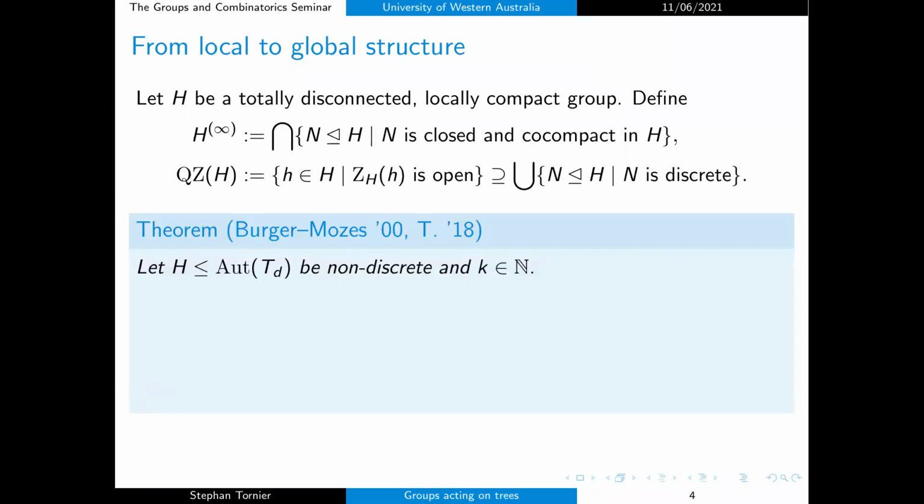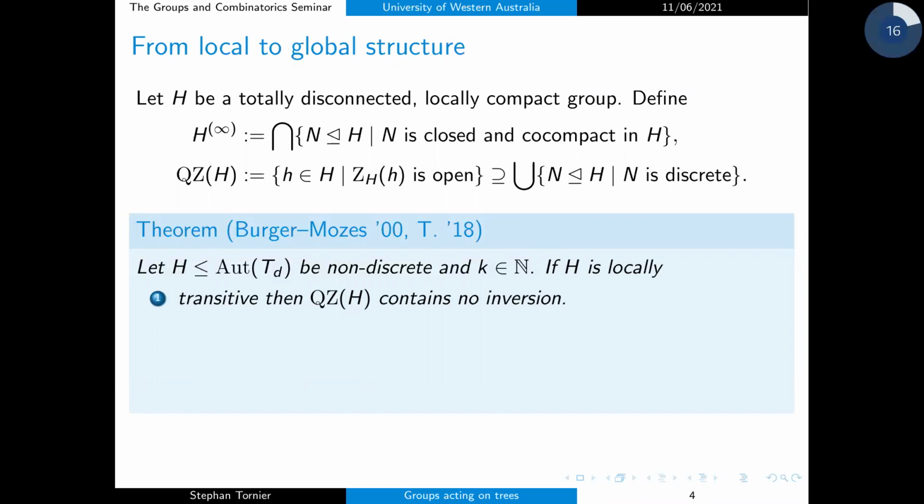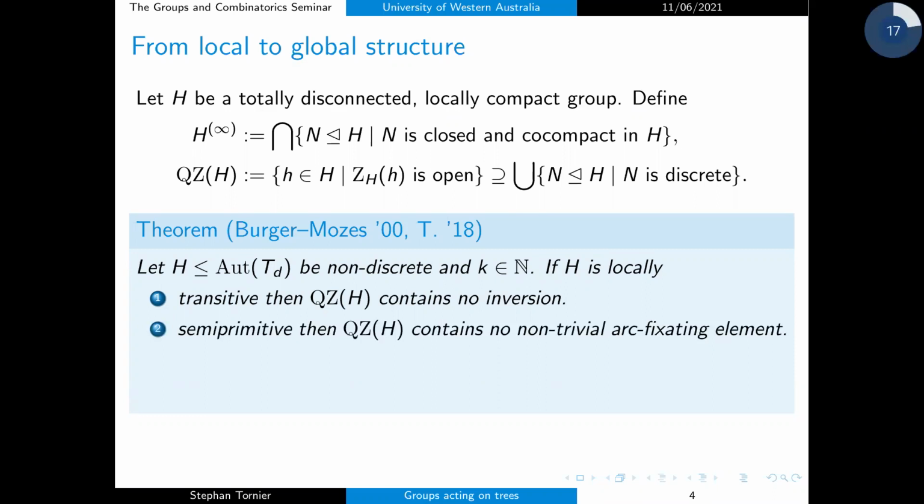Here's another statement of that sort. Again, if you have a non-discrete group, but this time acting on a regular tree, T_d, regularity d, then if it's locally transitive, then the quasi-center contains no edge inversion. Okay, and then this hierarchy continues. If it's semi-primitive, then it also contains no non-trivial element that fixes an arc.